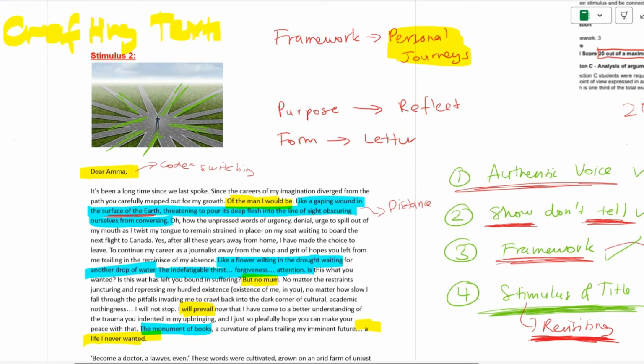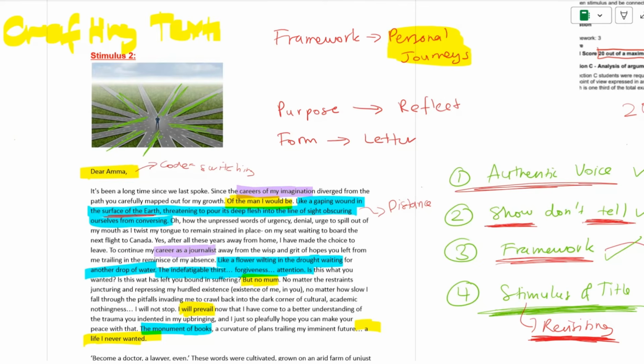And maybe let's highlight my attempts at connecting to the stimulus in the introduction of my letter. So obviously the careers of my imagination, that is definitely relevant to the stimulus. I talk about my career as a journalist.